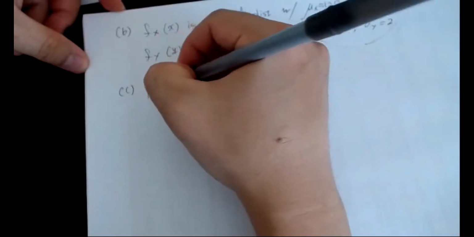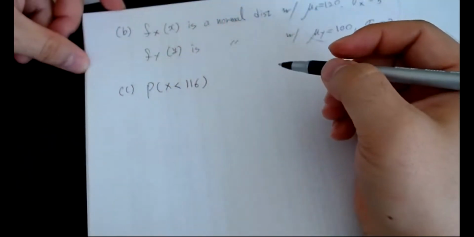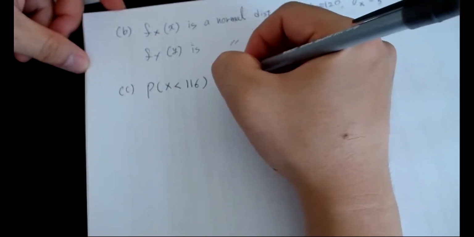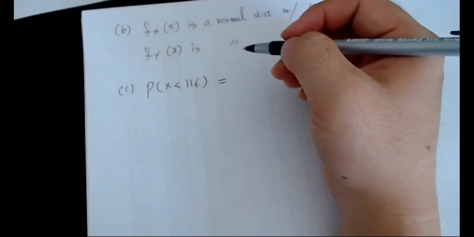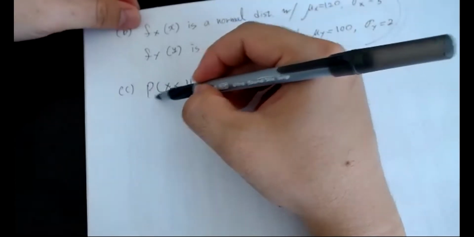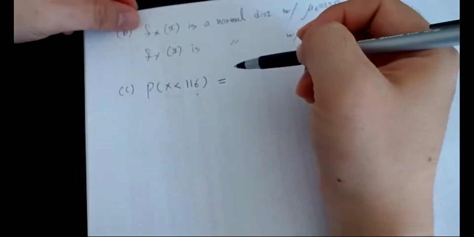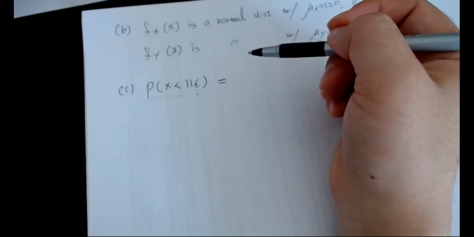Find the probability that x is less than 116. So since that means we find the marginal probability distribution where x is less than 116, right? The marginal probability distribution is a normal distribution, because the joint probability distribution is a bivariate normal distribution.